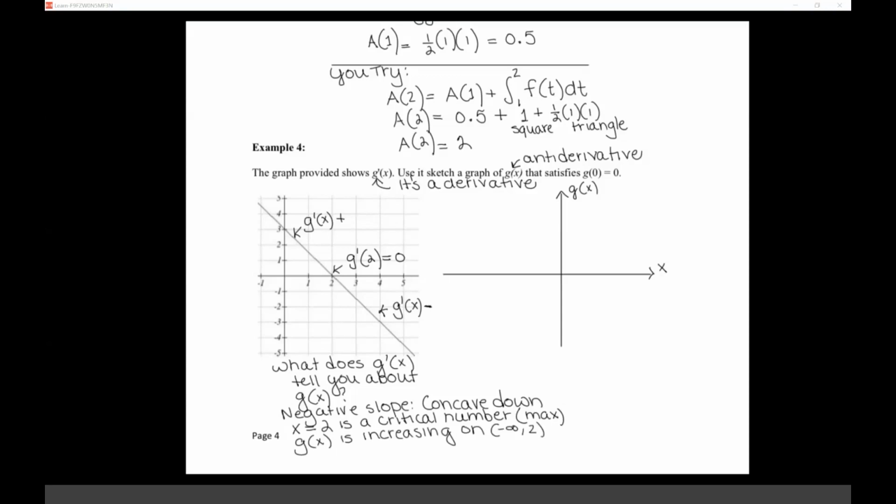Right? Because the derivative sign's positive. And it also tells you it's decreasing from 2 on out to positive infinity. Yes?